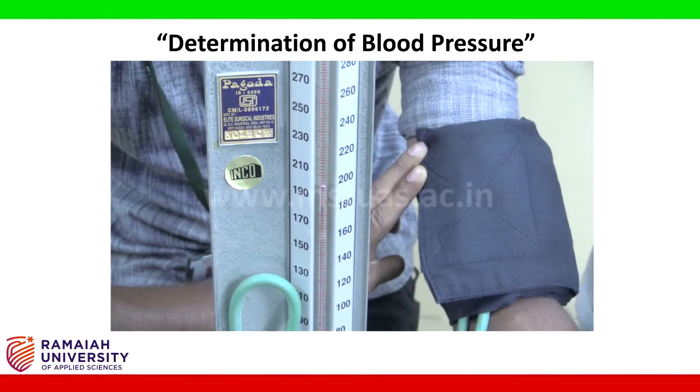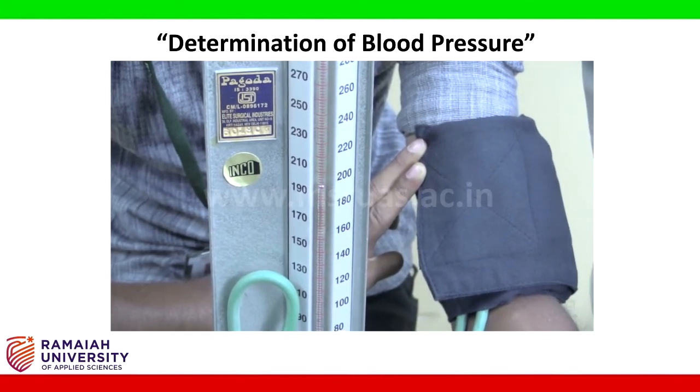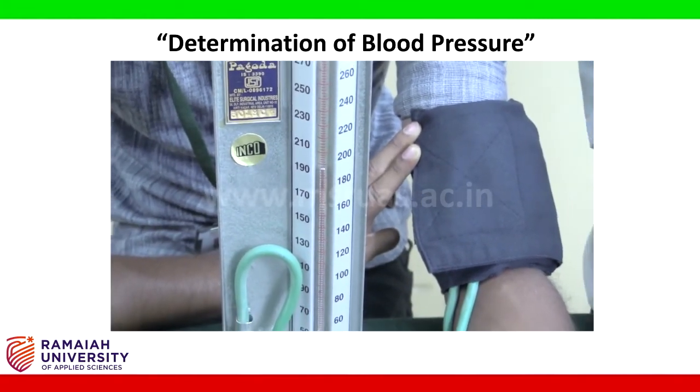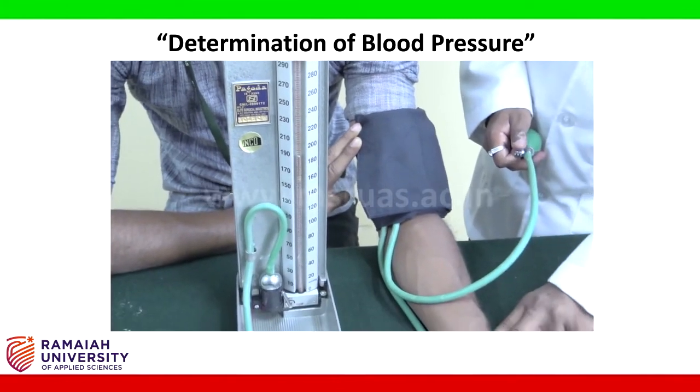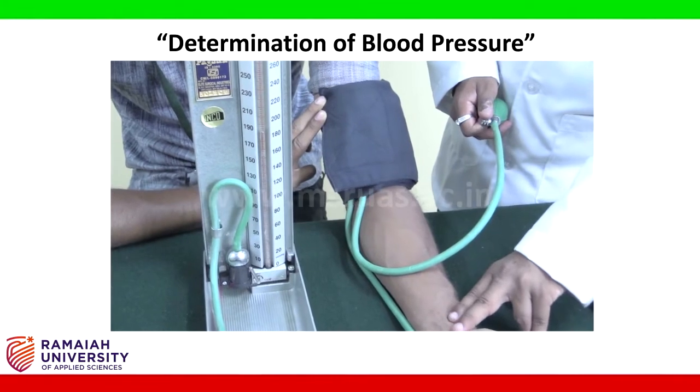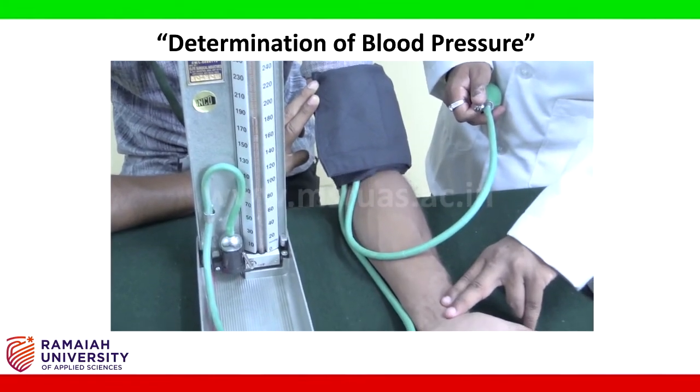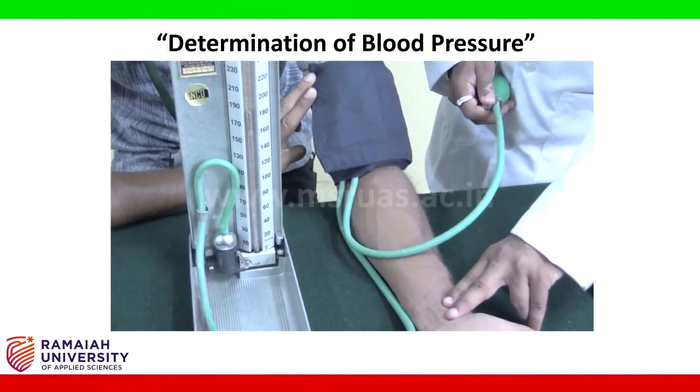Once it reads 200 mmHg, set the valve on the rubber bulb so that the pressure leaks out slowly, about 5 mm per second. Continue palpating the radial pulse and watch the manometer while air leaks out of the cuff.